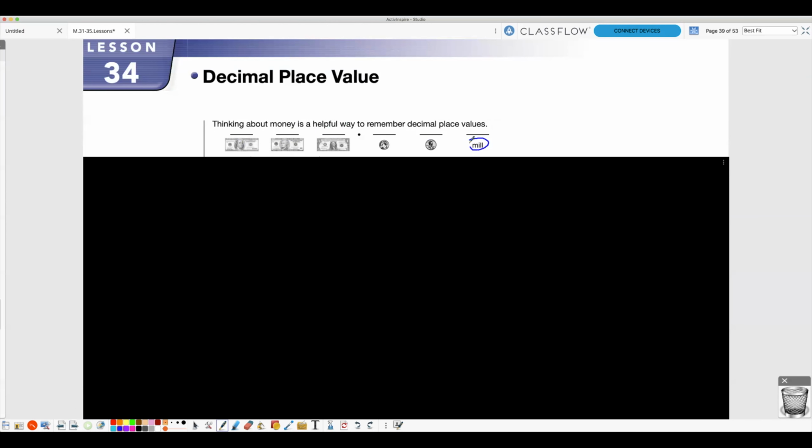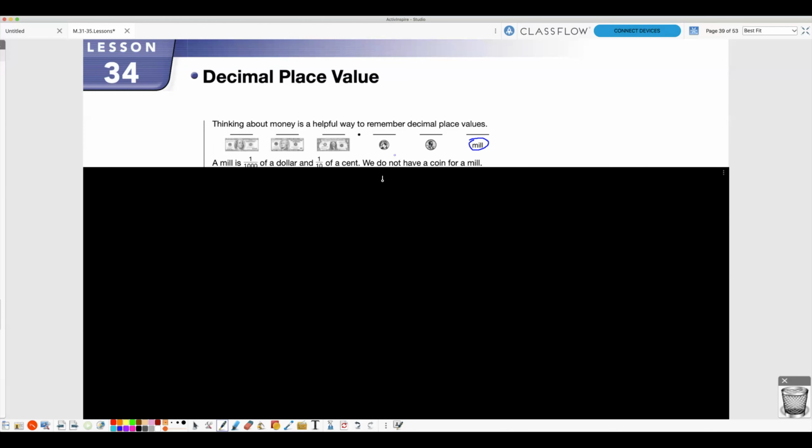Mills is the only one where we don't have an actual exchange form. It is a monetary value, but we do not have any exchange form for that. You'll see mills maybe in the stock market occasionally, but typically we only use pennies. We're only going down to the cents.